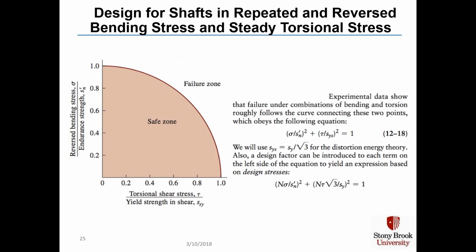So now it gets a little more complicated, and we're going to show how you design for shafts in repeated and reverse bending stress with steady torsional stress. If you look here on the left side of the slide, we produce a graph that shows what's known as the safe zone.